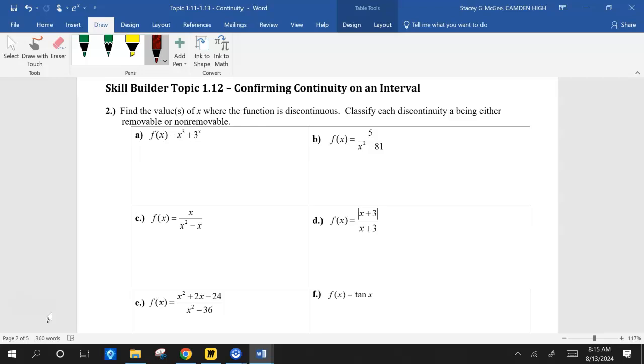So as I look at the first one, are there any of those? Yeah, but what kind of asymptotes are they? On the first one?